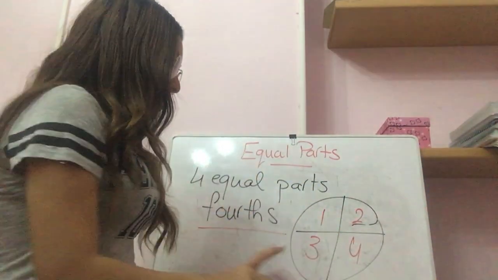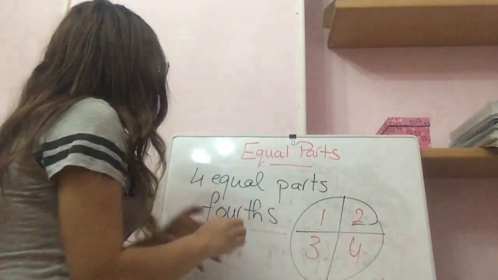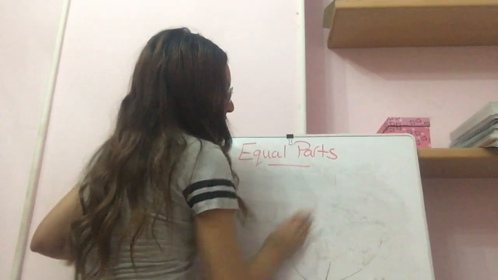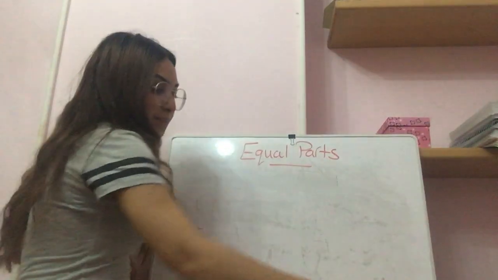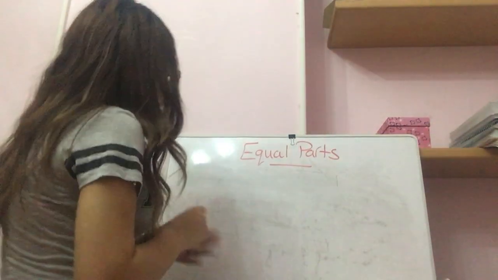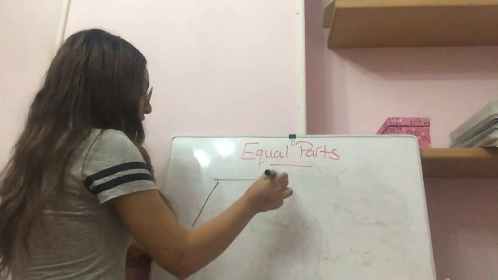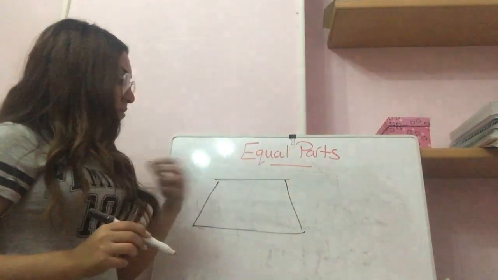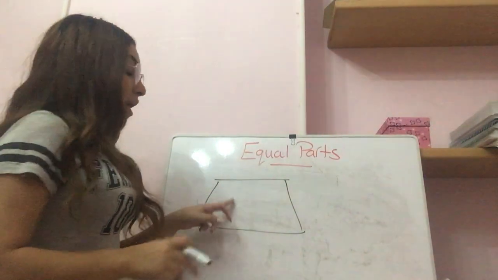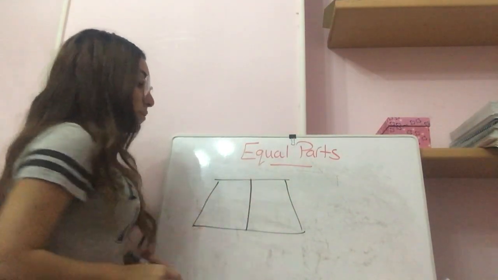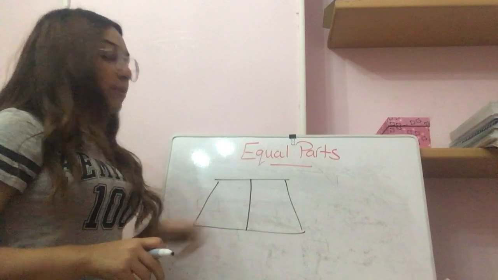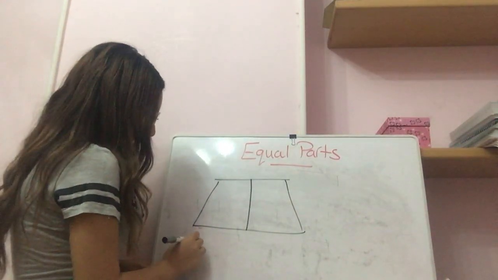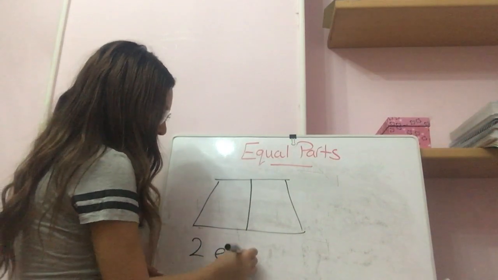Now let's go over some examples together so you can understand what I mean. If I have this trapezoid, and I cut this trapezoid into 2 equal parts, I can say that I have 2 equal parts.